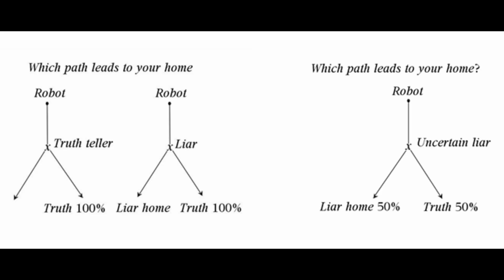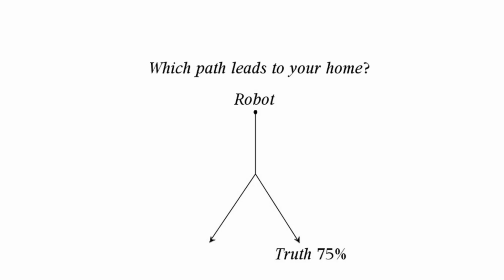However, even with the uncertain liar, chances are 75% prior to entering possible paths for the robot to reach truth, according to the equation 100 times 1.5 divided by 2, if and only if the robot is allowed to consider both possible fork guards' answers. When clueless because truth teller and uncertain liar point in opposite directions, the robot is going to have to take a guess. But it is needed in the existing 75% probability for the robot to reach truth.